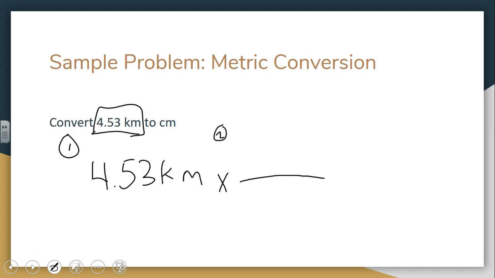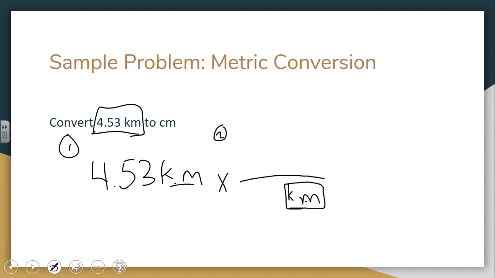So now here's the thing that works: you can take kilometers, and when you want to get rid of kilometers, you put it on the bottom. The unit that you want to get rid of on the number that you're converting goes in the opposite space on the line. So if this is on the top here, this is going to go on the bottom here.